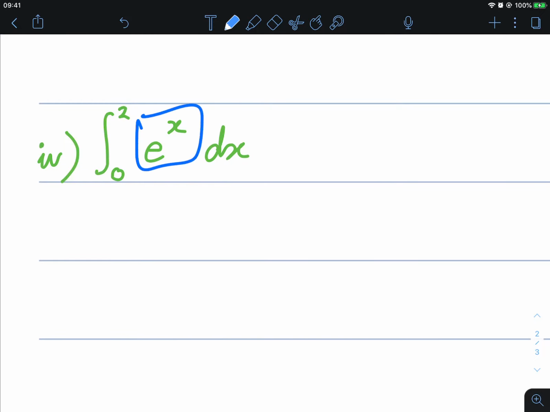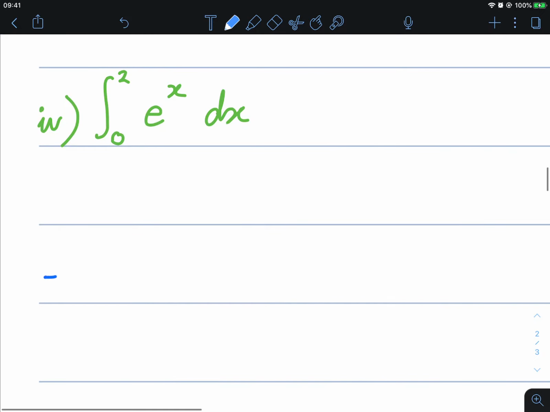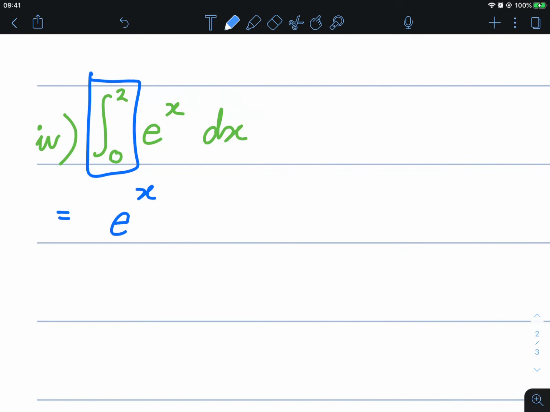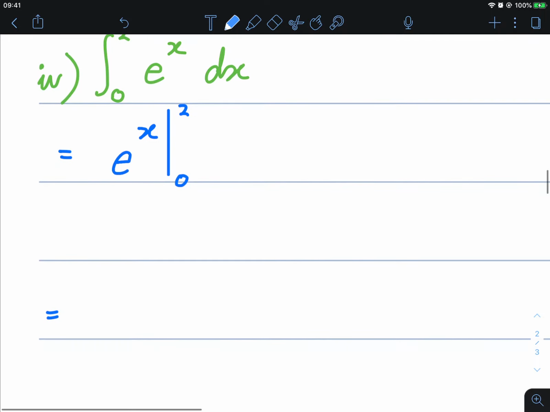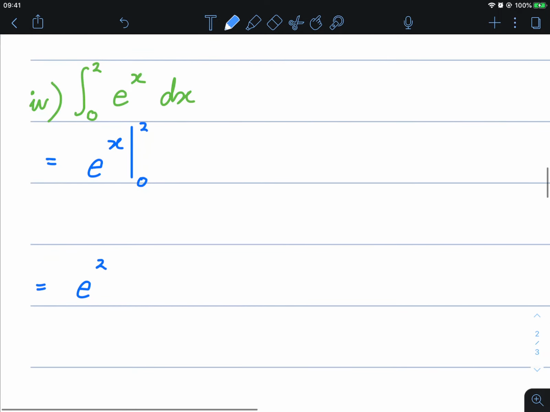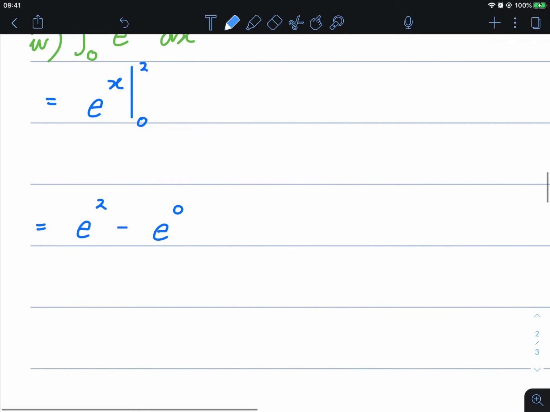If we have just e to the x, that's nice and plain and simple. Actually, let's do it here. That's e to the x. But now, because it's a definite integral, we're going to substitute from 0 to 2. So we're going to substitute e to the power of 2 minus e to the power of 0.